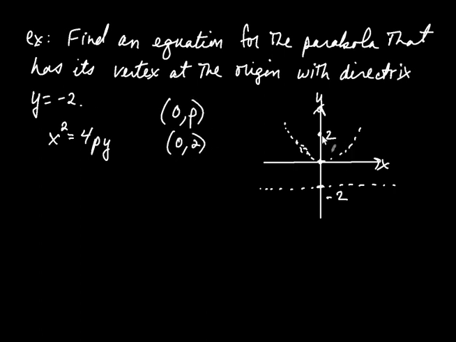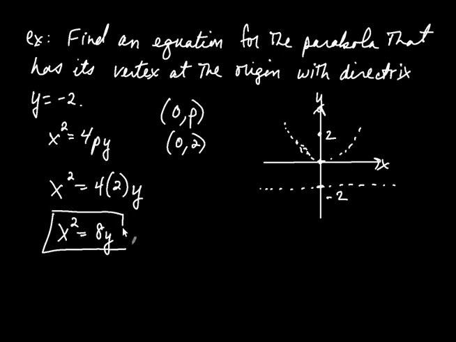Because the parabola opens up, the focus has a positive y coordinate. So p is 2, so our equation is x squared is equal to 4 times 2 times y, that is, x squared equals 8y.